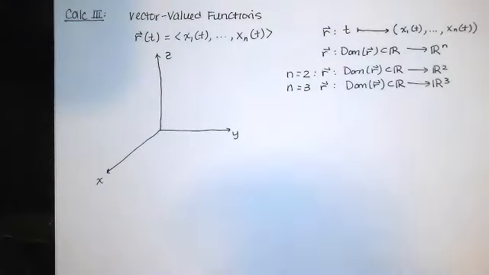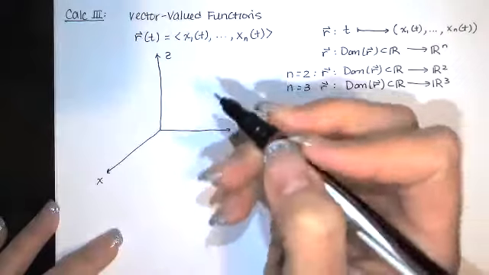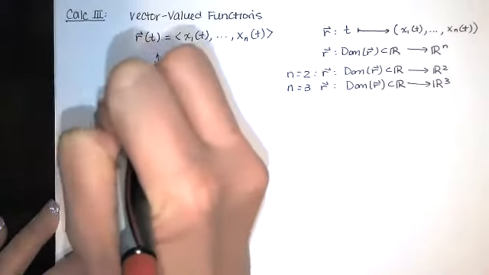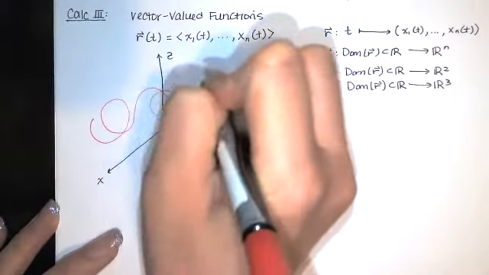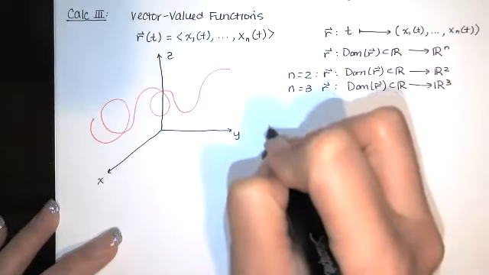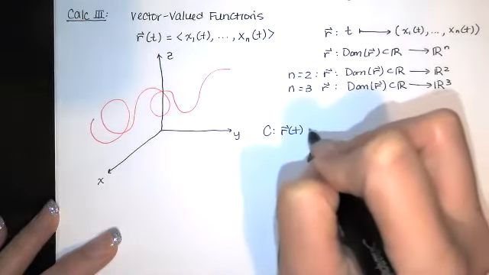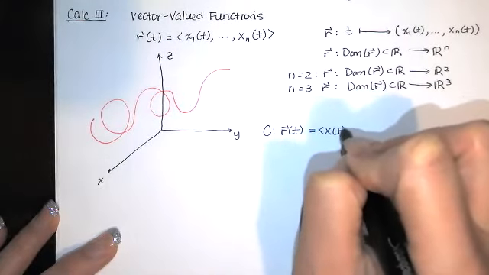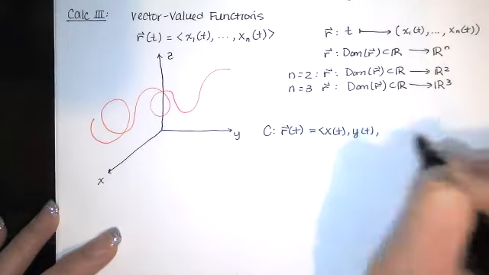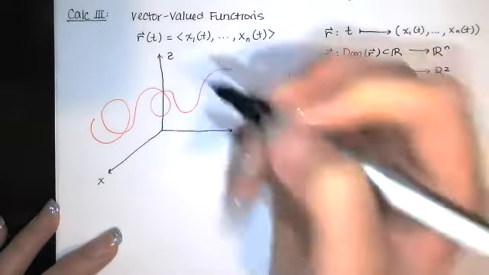So let's say we've got r of t, and r of t is a vector valued function in 3-dimensional space. So maybe there's a curve given by r of t. So this is a space curve, C, given by r of t with components x of t, y of t, and z of t.